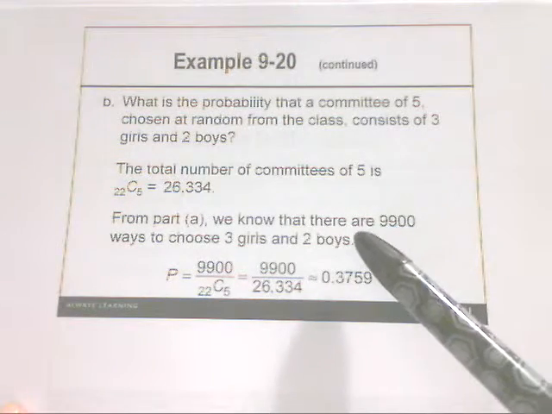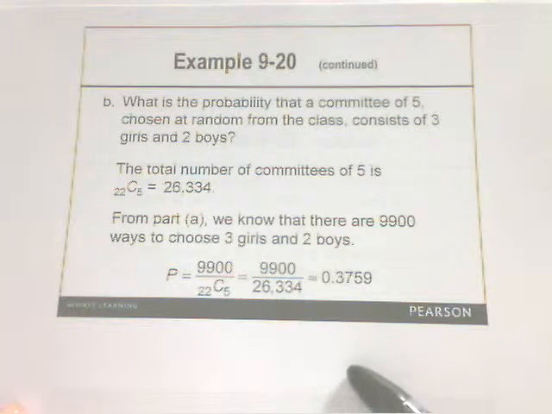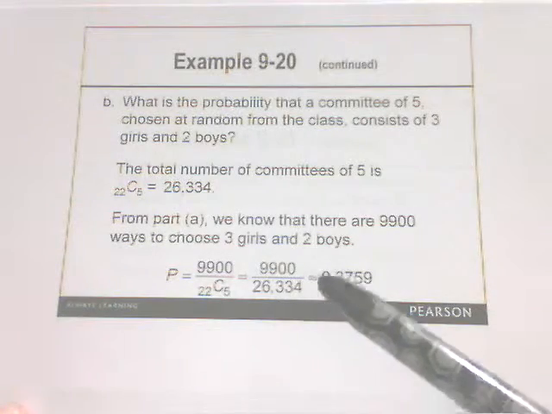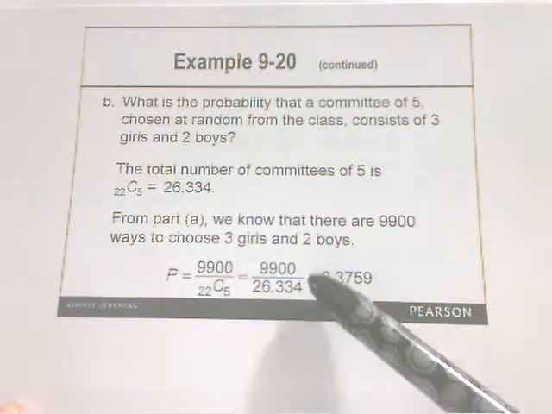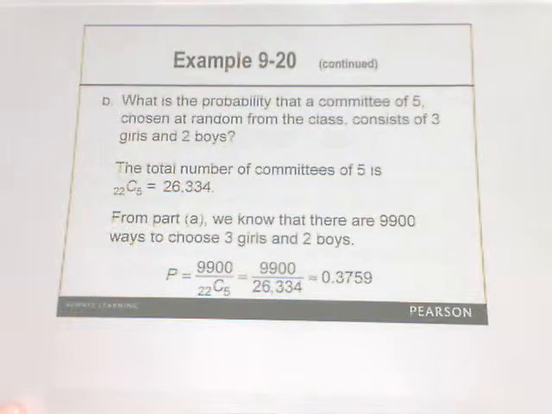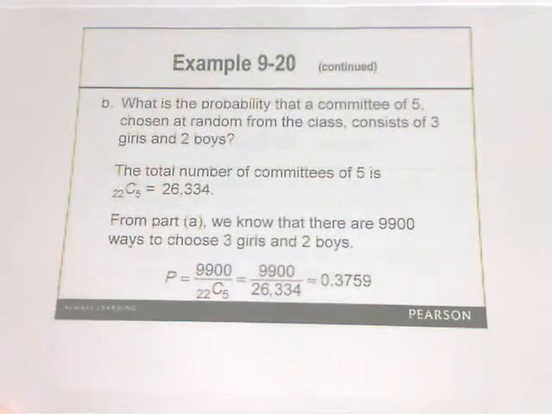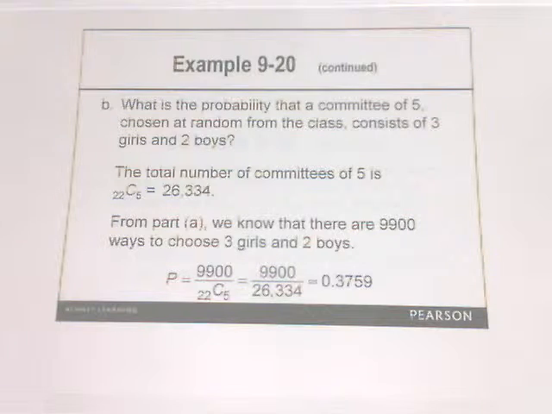Now from part A, we know that there are 9,900 ways to choose 3 girls and 2 boys. So that probability would be 9,900 divided by 26,334, and as a decimal, you'll get 0.3759. So the probability that a committee of 5 chosen at random from the class consists of 3 girls and 2 boys would be 0.3759.